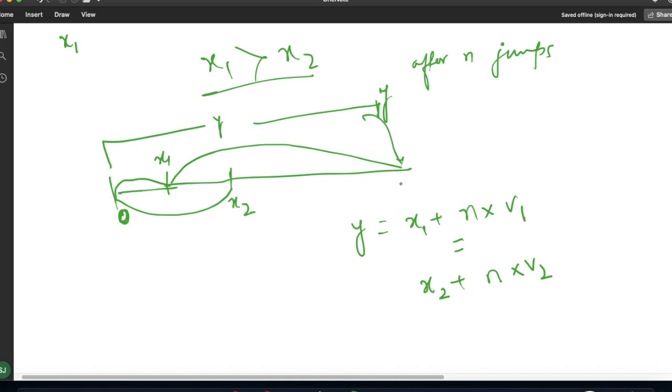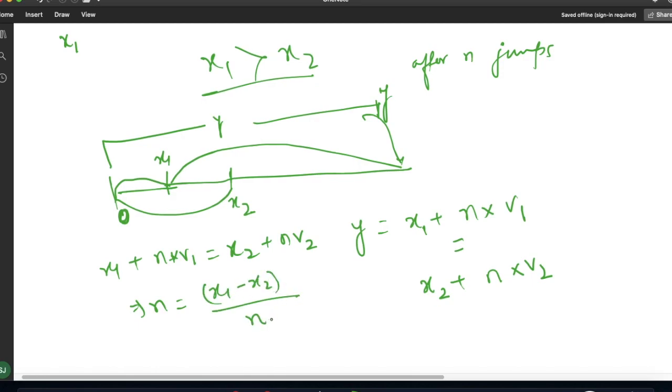So we can equate these two equations. So x1 plus n into v1 equals x2 plus n into v2. So this implies n equals x1 minus x2 by v2 minus v1.